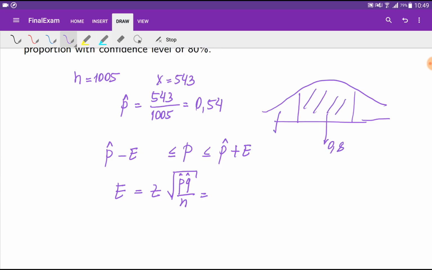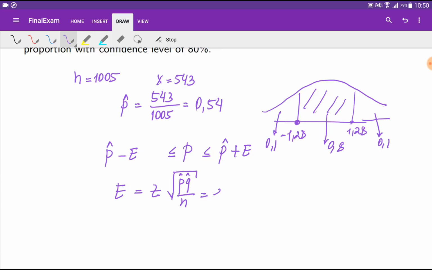It means that each tail area is equal to 0.1, because the total area should be 1, right? So we need to find the value of z which corresponds to 0.1, or 0.9 if we have the positive table. It's going to be 1.28, minus 1.28 and plus 1.28.